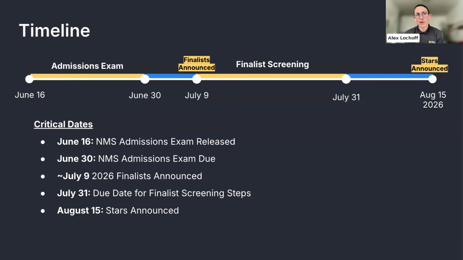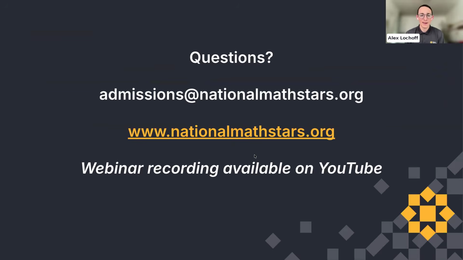Early July, we'll announce our finalists, and finalists will be screened during the month of July. That sets us up. It's actually not August 15th, which is a Saturday. We're going to announce our National Math Stars on August 14th, Friday, August 14th of this year. So that's a timeline of what you can expect.